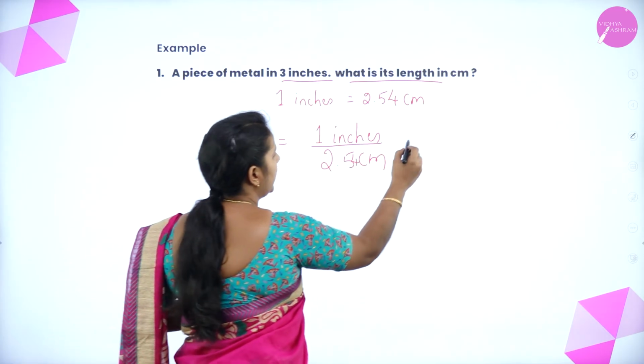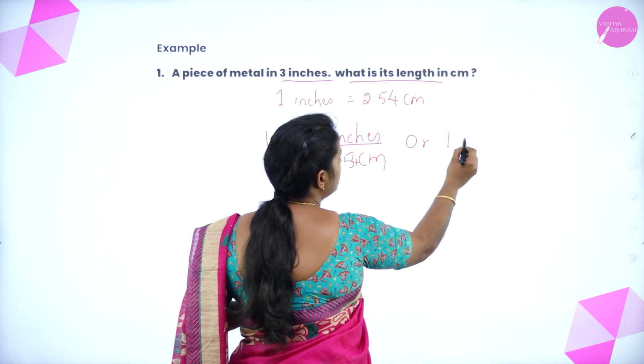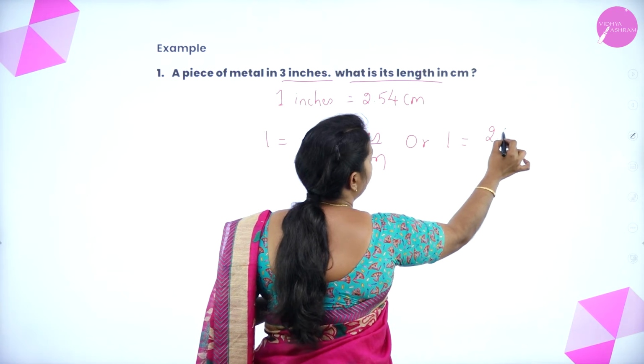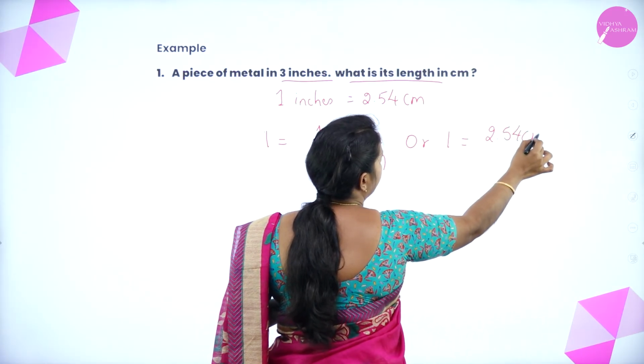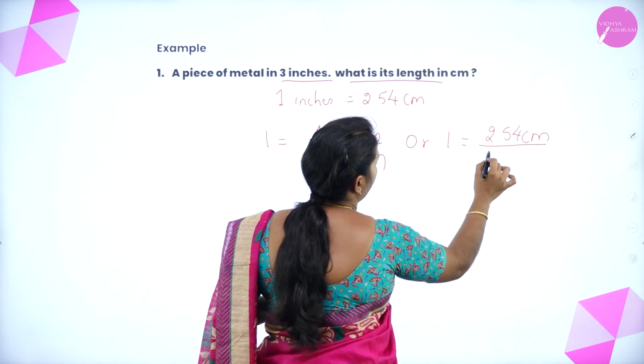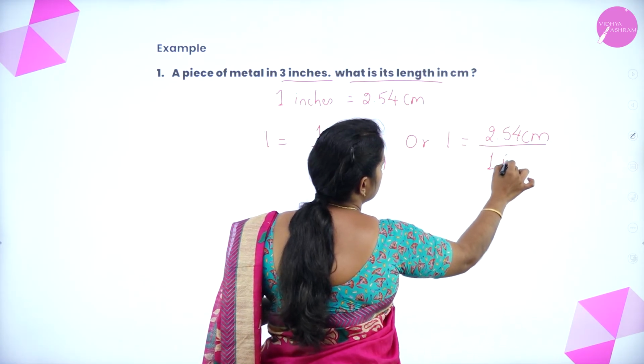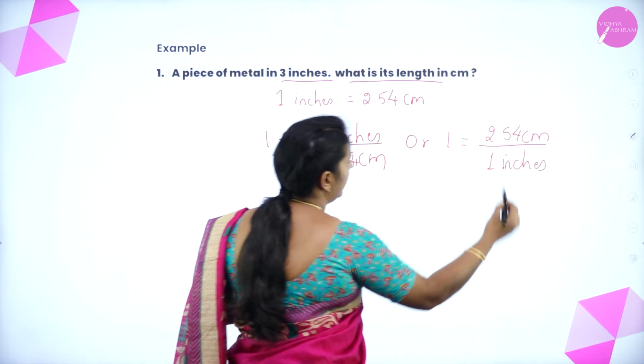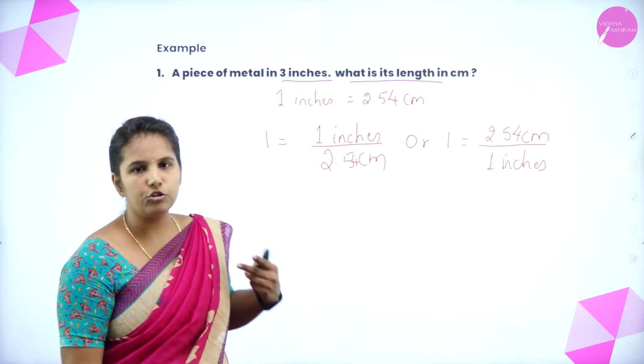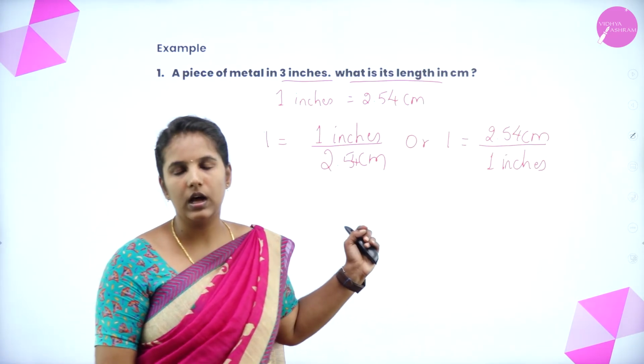Or we can write 1 equals 2.54 centimeter divided by 1 inch. So there are two possibilities to write this.